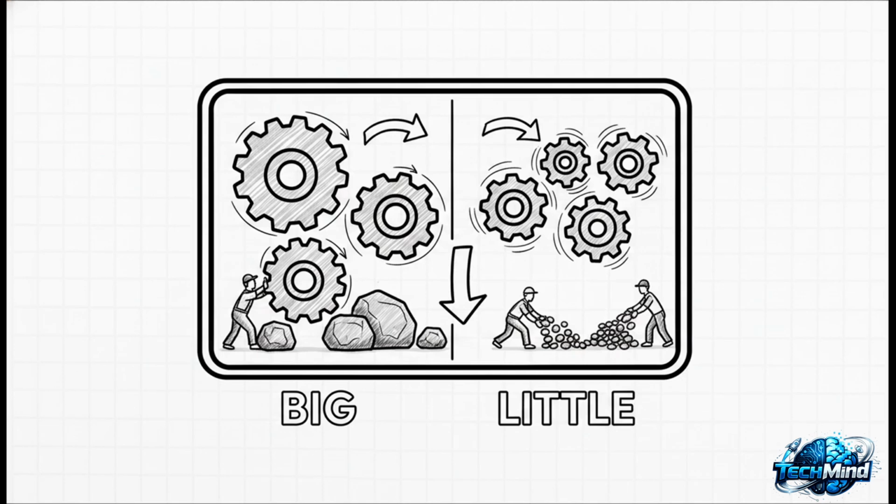It dynamically matches your workload to the absolute perfect core for the job. I mean, you wouldn't fire up a jet engine just to check your email, right? Add in the fact that ARM relies heavily on tightly packed system-on-chip, or SoC, designs, where the CPU, GPU, and memory are all bundled together, and you end up with a system that is just unbelievably responsive.